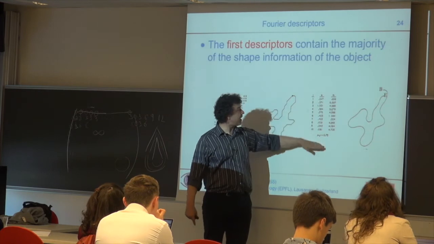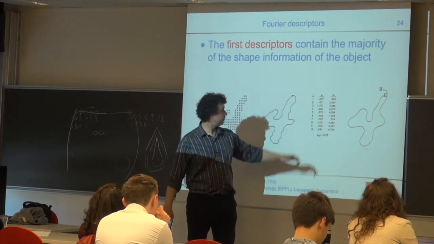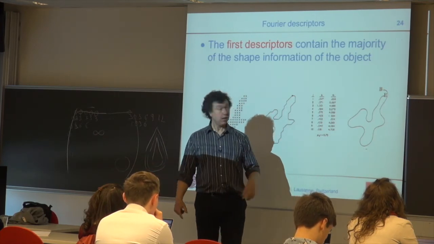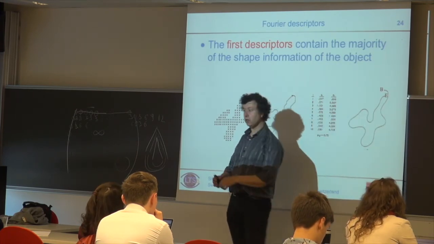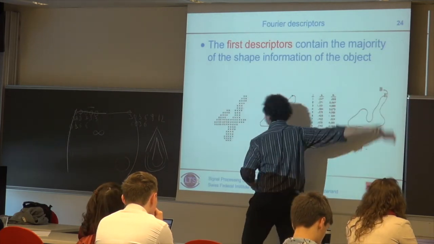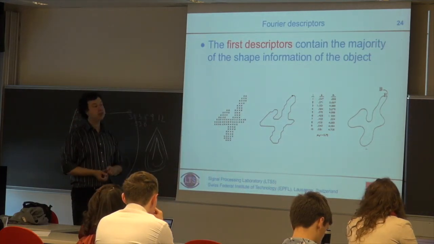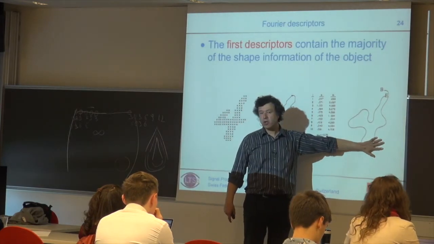You take only the first 10 in amplitude and phase, or in the real and imaginary part. And you just do the reconstruction of that part of the signal, and you get a low frequency version of your signal. Of course, the two endpoints do not match anymore because on the way you lost some information, but that's okay. But you have a low frequency representation of your object.